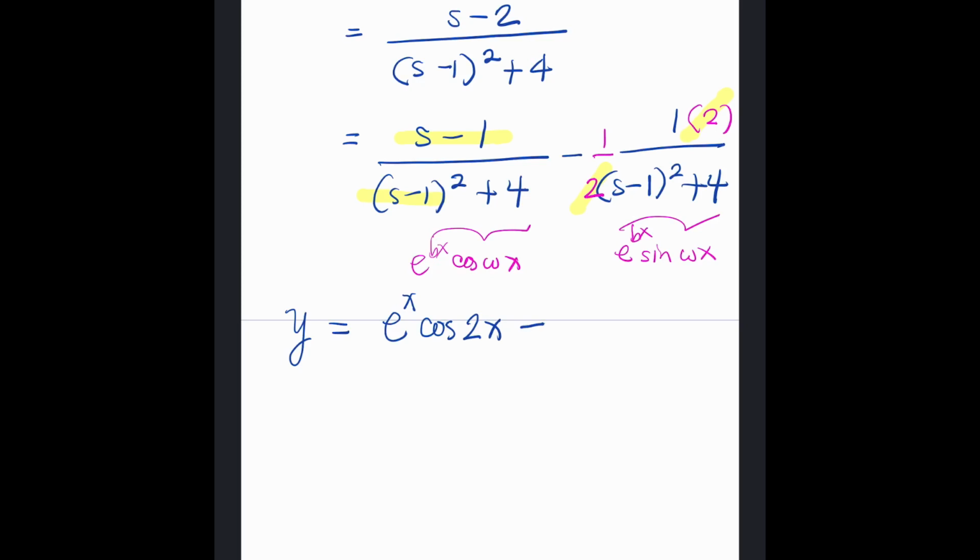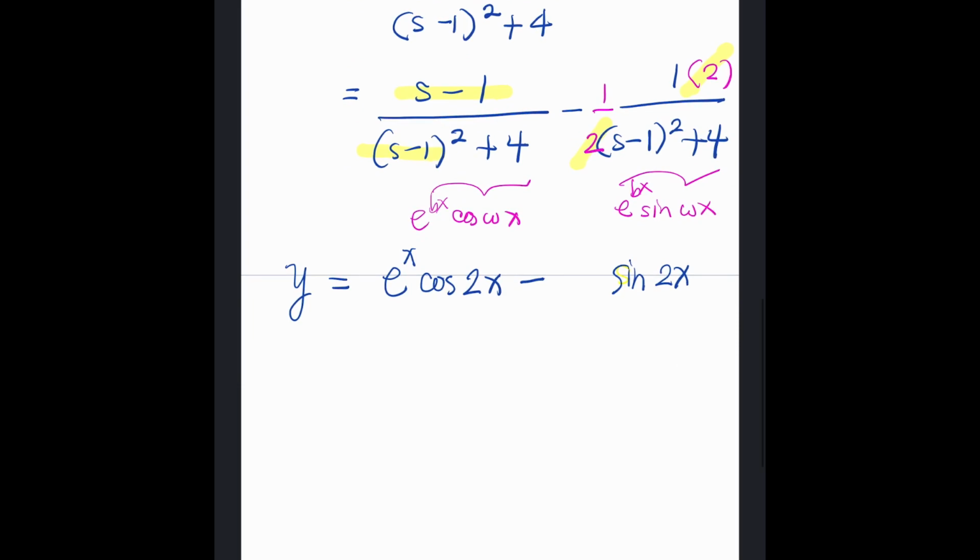So, in that sense, the inverse Laplace is sine omega x, and your omega is 2x. And then since you change the domain from s minus 1 to s, we have to write this as e to the x because of s minus 1. And then since we introduce the neutralizing factor, we have to multiply this by 1/2, and that's the answer.